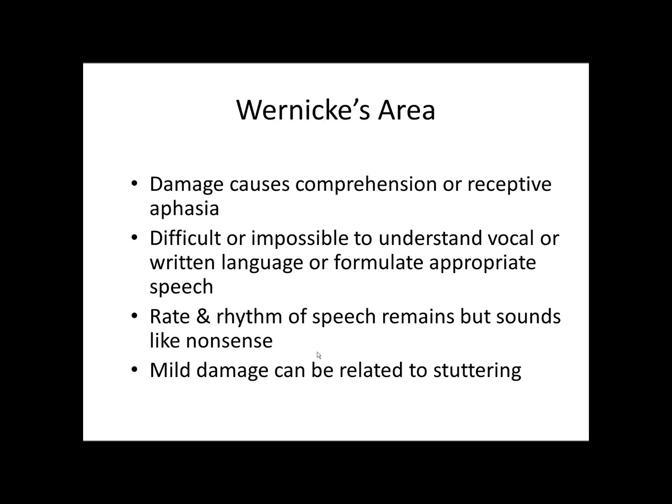And I guess one other function that is involved with Wernicke's area and Broca's area is stuttering. When you have damage to an area, you can have problems with stuttering. With either of these areas, you can have problems with stuttering, and training between the two areas can often resolve that.